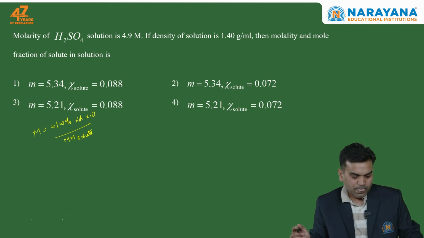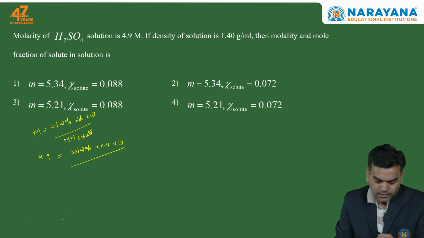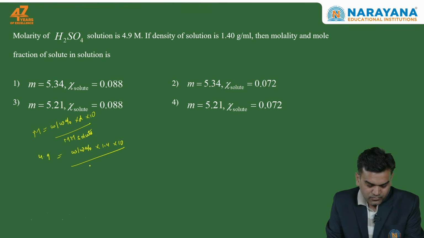So molarity they have given is 4.9. Weight by weight percentage I can find out. Density they have given is 1.4, into 10, divided by the molar mass of solute, and in this case the solute is H2SO4. So its molar mass is 98.